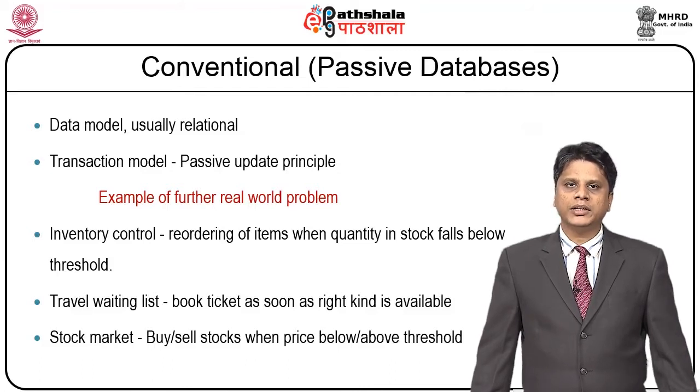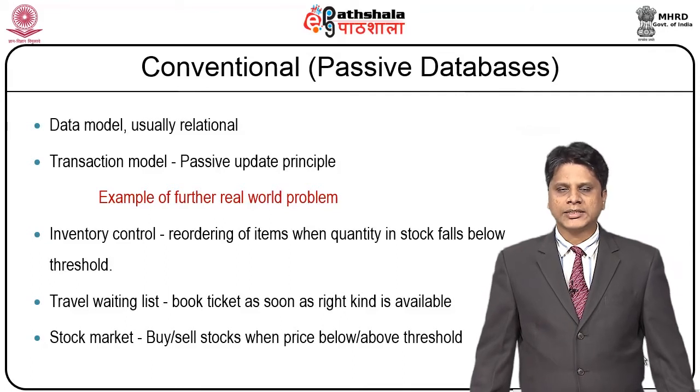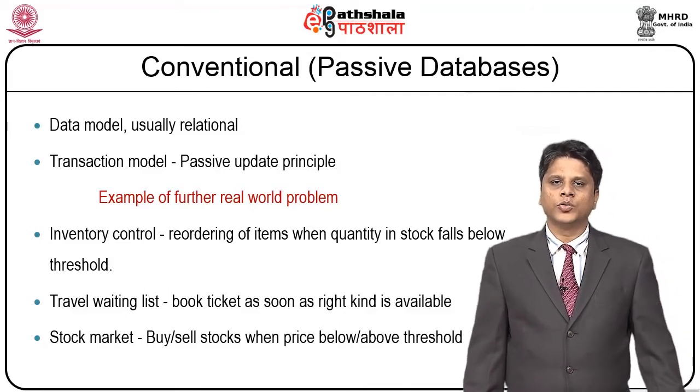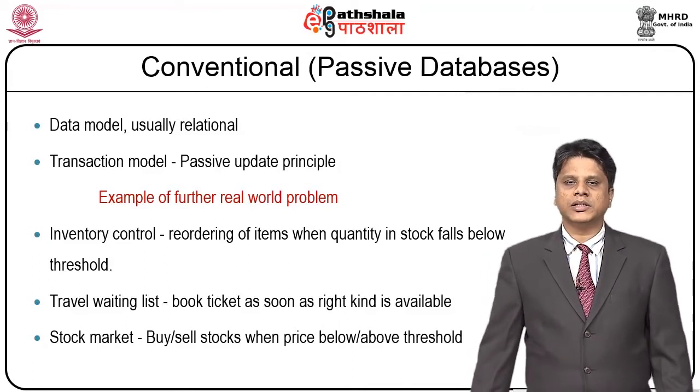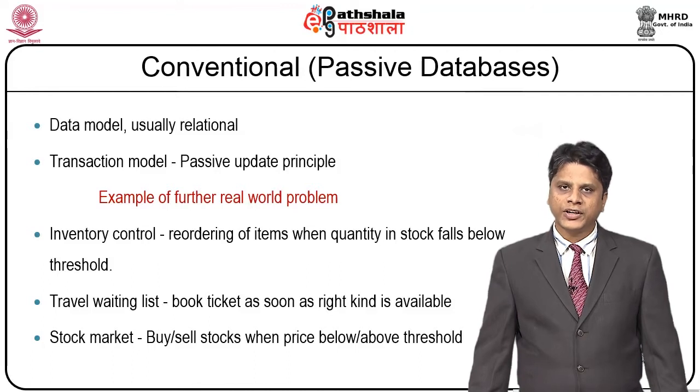So, databases have been classified in terms of rules into two. One is an active database, the other one is a passive database. If you look at passive databases, the previous sessions that we have concentrated on, like deductive databases and inferential databases, become part of passive databases.